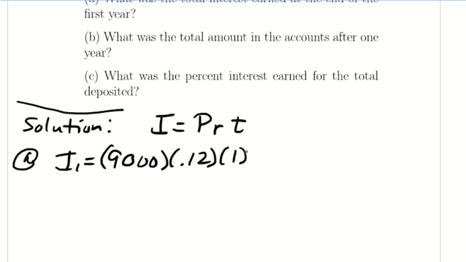And this comes out to be $1,080. The next one is $2,000 at 7% interest for 1 year, and that is $140.